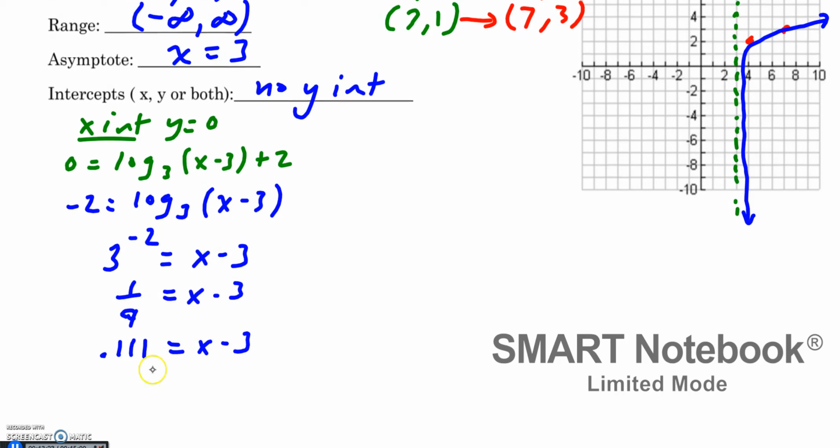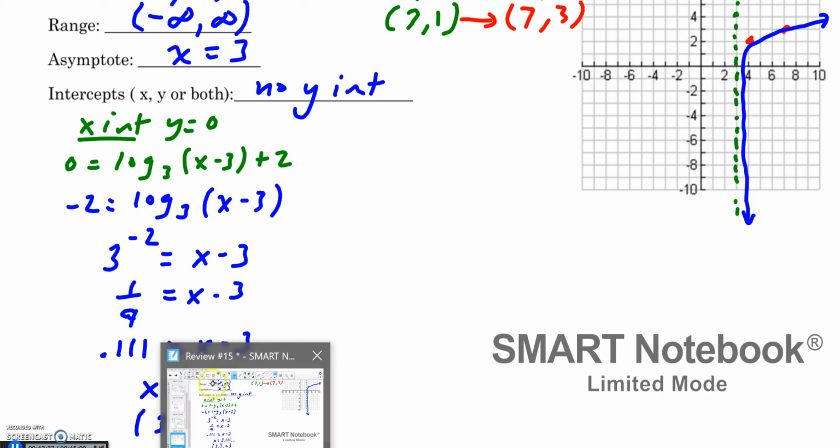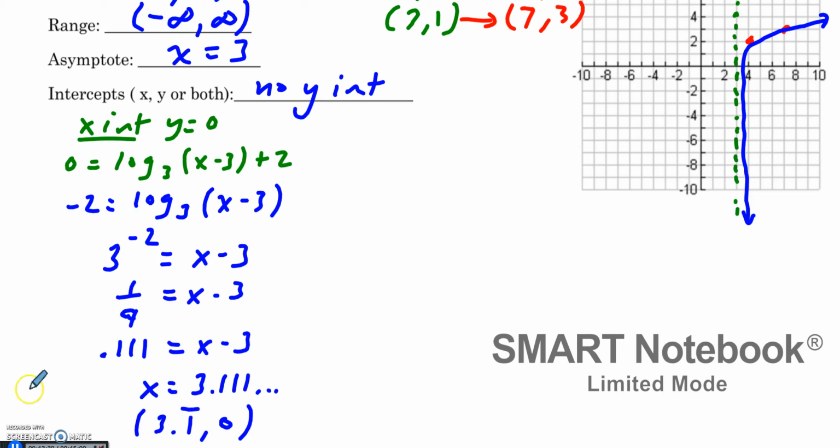And if I add the 3 to the other side, I get 3.111 and so on. If I look at my graph, it looks like that could be possible, that the x-intercept's at 3.111. So my x-intercept, I'm going to go 3.1 repeating, but I will accept 3.1, I will accept 3.11, but I'm just being careful, so that would be my x-intercept right there.